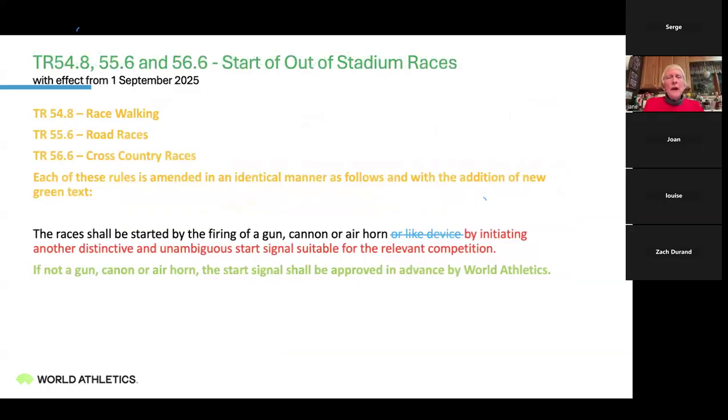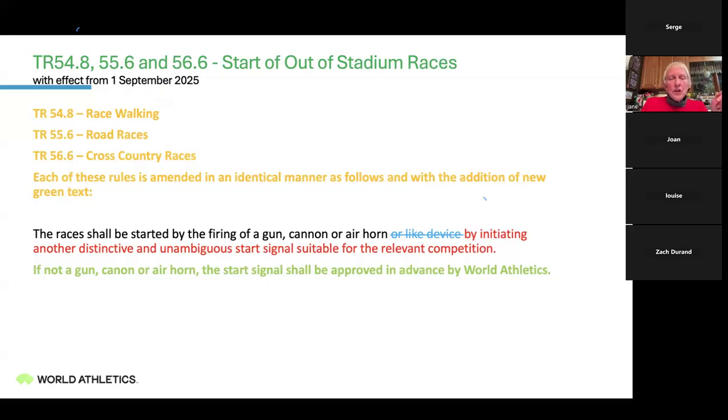Just for the start of out-of-stadia races, this rule is the same for race walking, road races, and cross-country races. Each of these rules has been amended in the identical manner, so I'm not going to say it three different times.